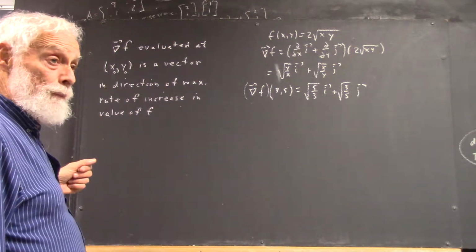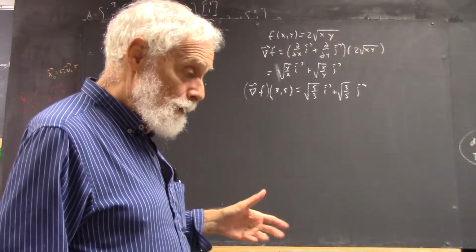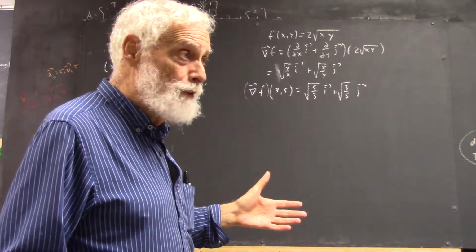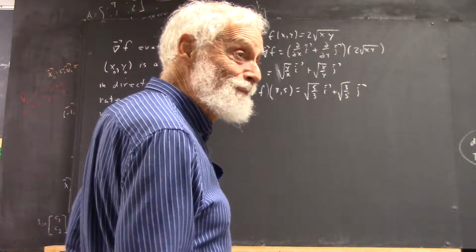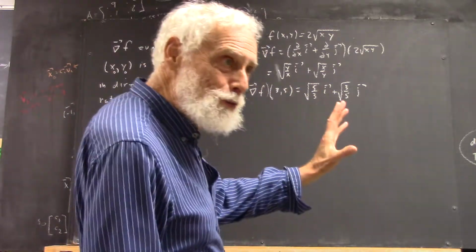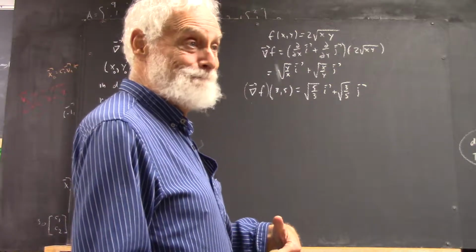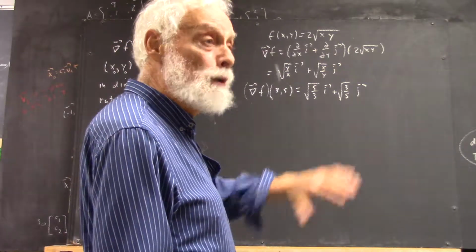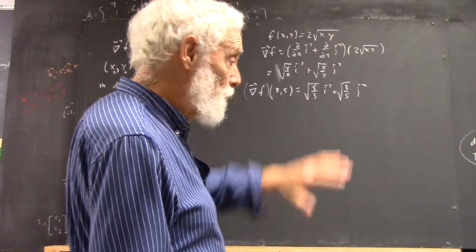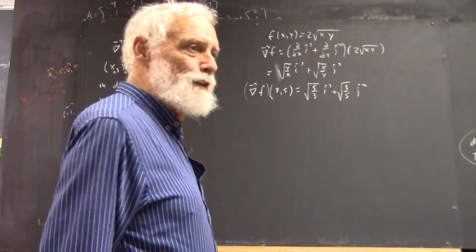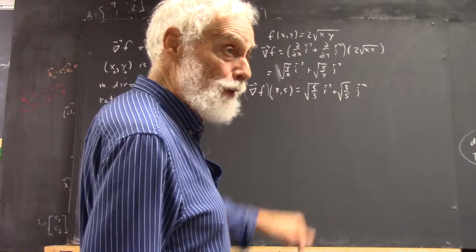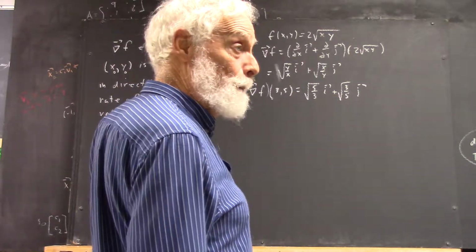Okay? Well, your direction of maximum increase is easy. That's the direction you go if you want to get up the hill fastest. Assuming it's not so steep that you slip off of it, right? So assuming it's walkable, if you want to get up as fast as possible and you don't have injuries that prevent you from going in that direction, you go in that direction. Okay?